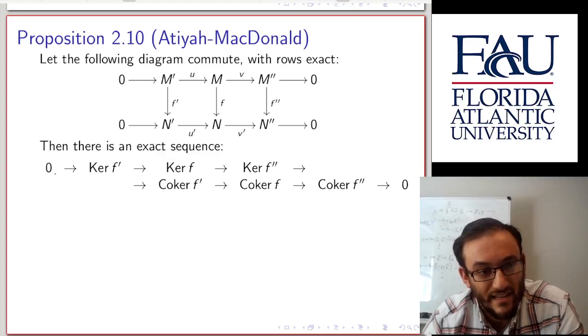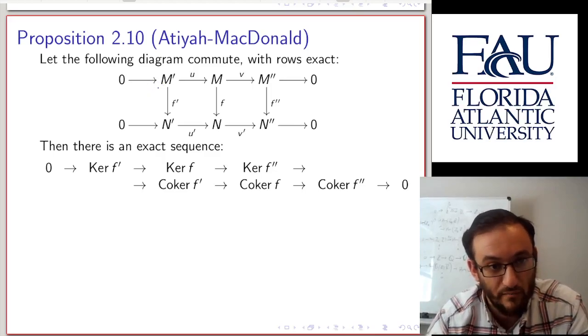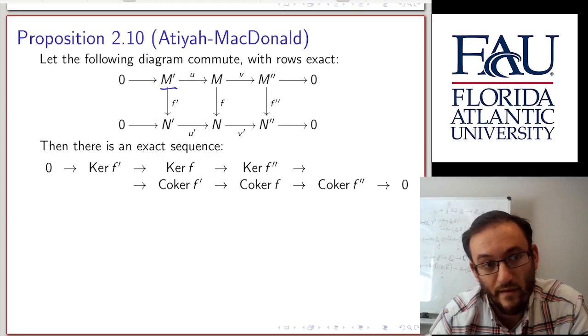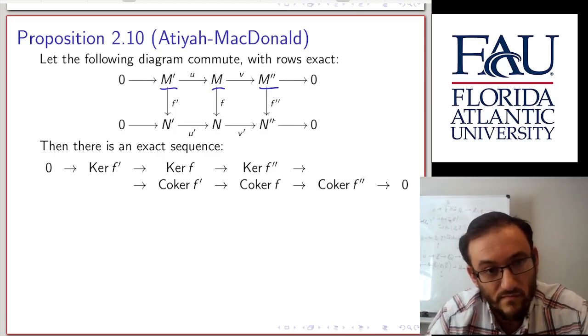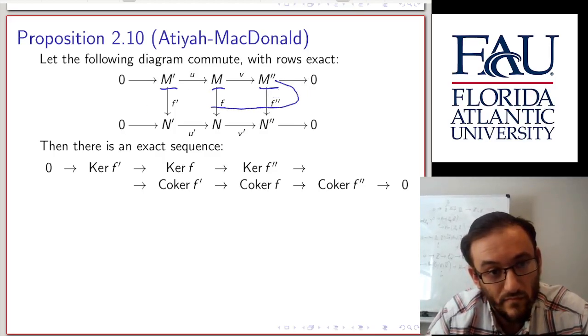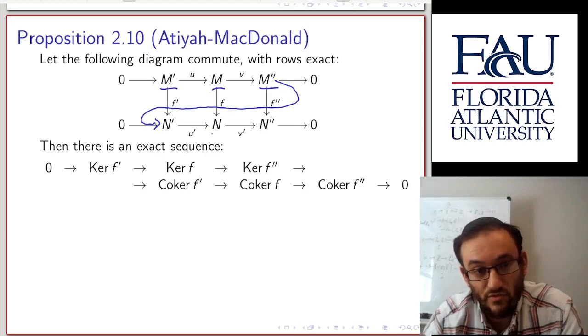And we're told that there's an exact sequence which starts up here, in the specific submodule kernel of f prime, which is a submodule of M prime, and then maps to kernel of f, which is here, and then to kernel of f double prime, which is here, and then it snakes around, and it goes to a submodule here, which is the co-kernel of f prime, and then into the co-kernel of f and the co-kernel of f double prime.